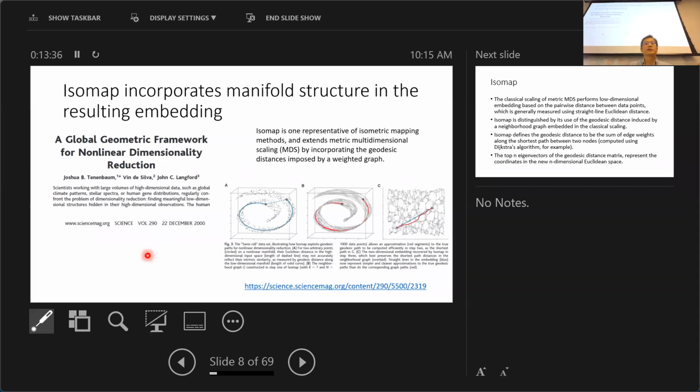This method, Isomap, was introduced in the year 2000. This is a Science paper. This is like a spring roll structure, and they illustrate the Euclidean distance using this dashed line. Well, for the real distance, you should go across the main body of this cloud until you reach another point.